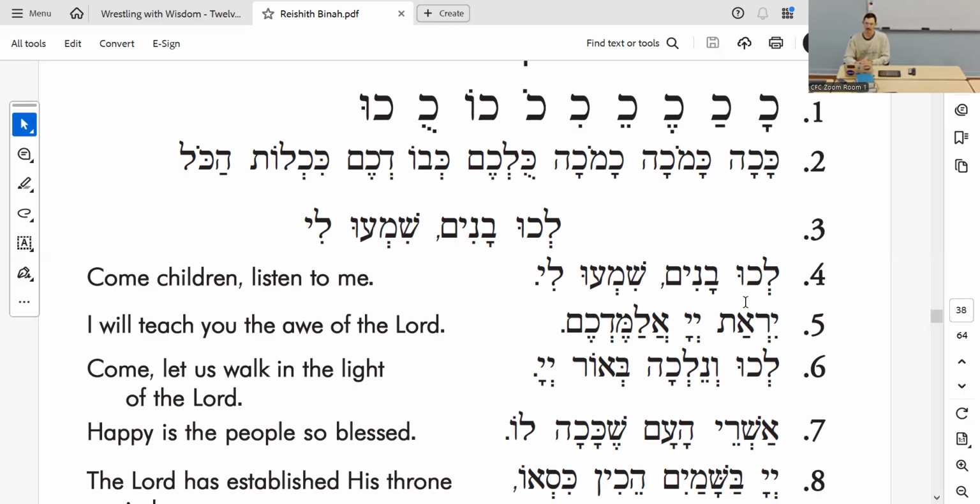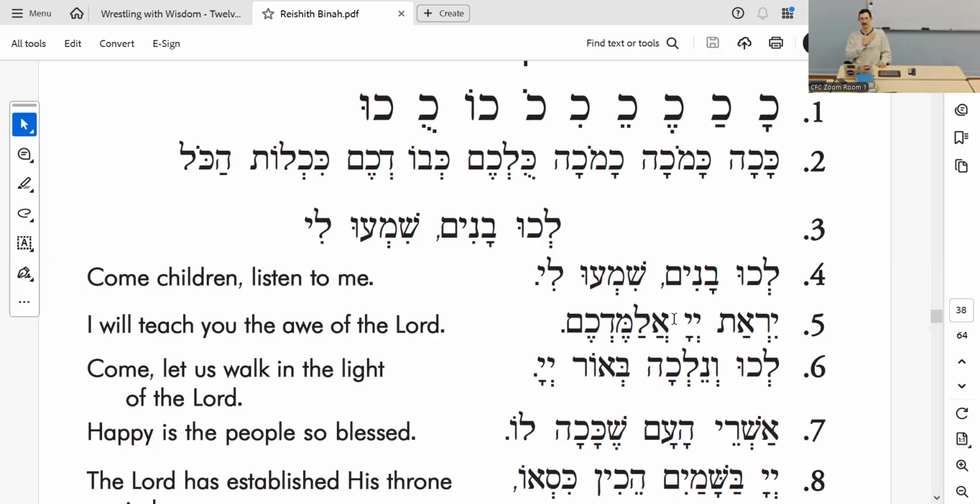Yirat, when you see the little suffix there, is like saying the awe of whom? Then it goes to the subject, Adonai, the Lord. Awe of the Lord.